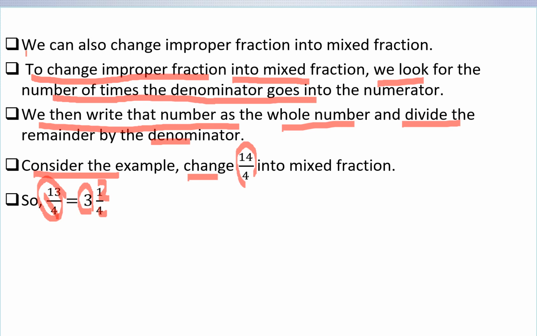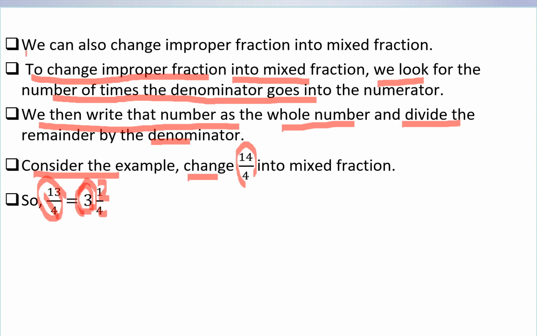So when we are asked to change an improper fraction to a mixed fraction, you look for how many times the denominator divides into the numerator. That result will be the whole, and the remainder all over the denominator.